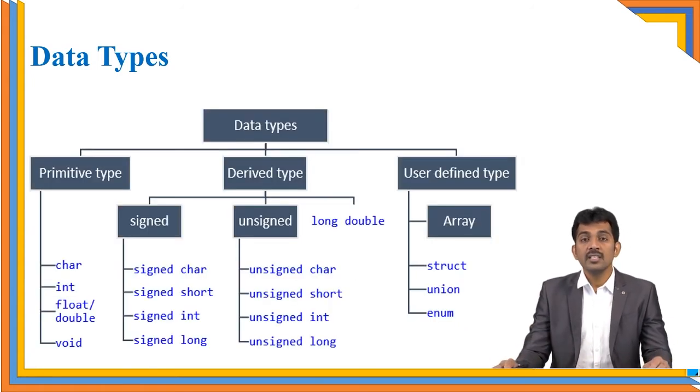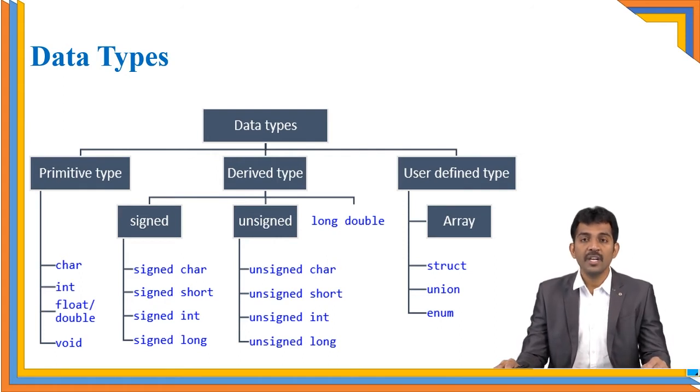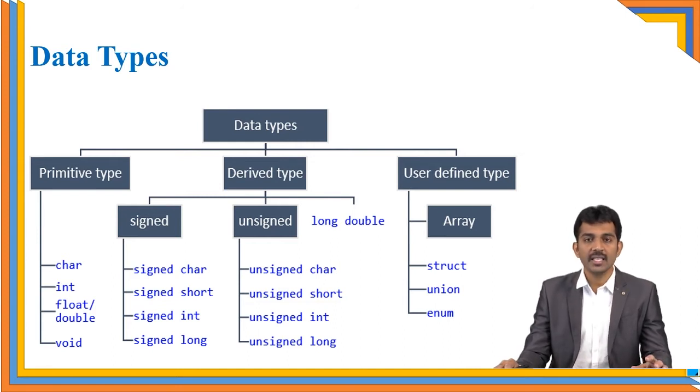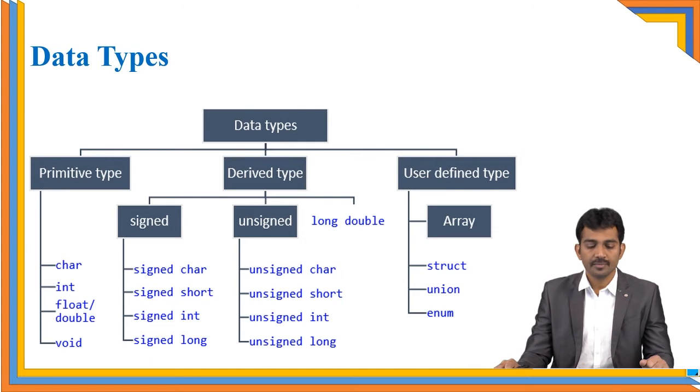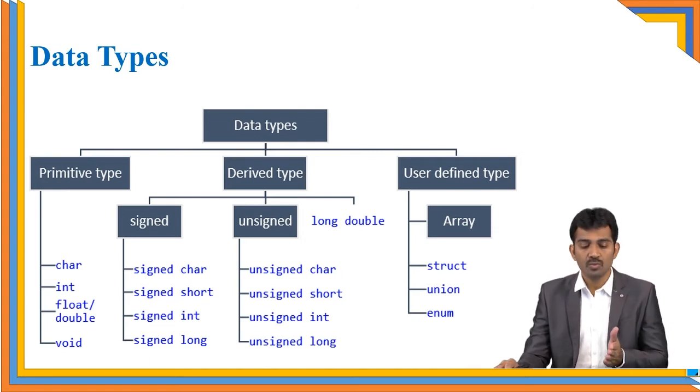In C language, various kinds of data types are available: primary, derived, and user defined. If you observe clearly, integer, character, float, and void come under the primary types. Then the extension of these: signed character means both negative and positive; unsigned means only positive.